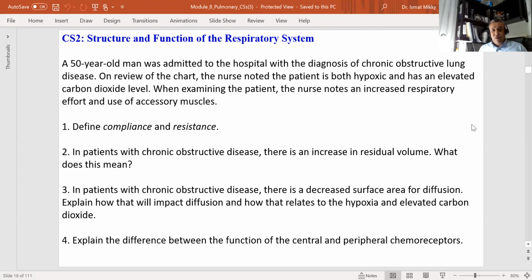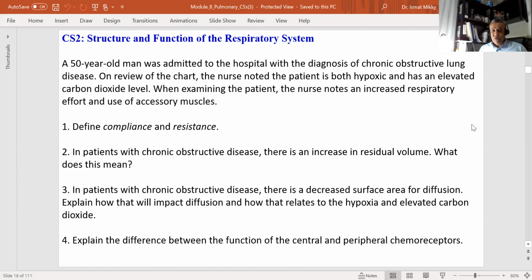So number 4, the difference between the function of the central and peripheral chemoreceptors. The very important concept here is that central chemoreceptors are largely responsive to the levels of carbon dioxide.